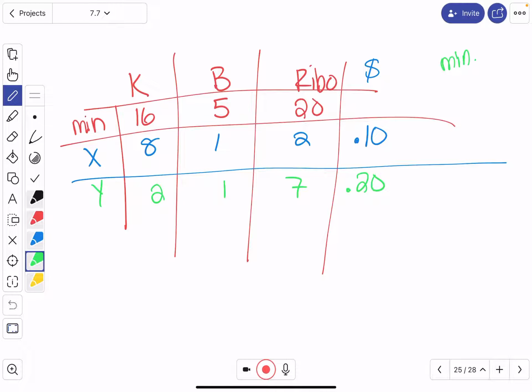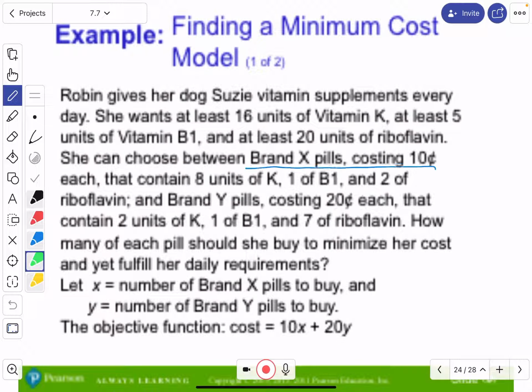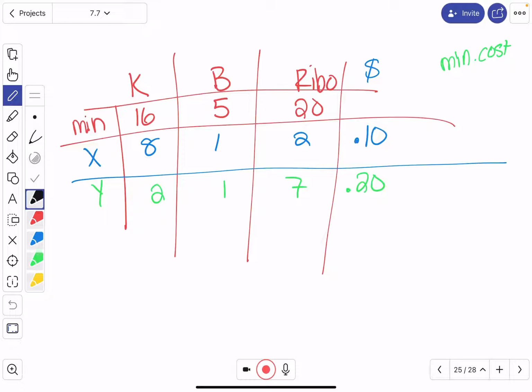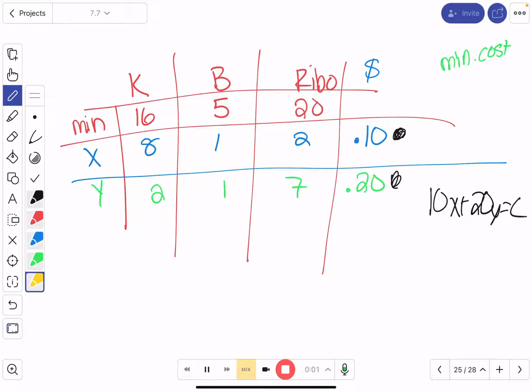So you want to minimize cost. And they give us the cost function right here: 10x plus 20y equals our cost, because it's 10 cents for each x, 20 cents for each y. So for our K, we have one inequality.